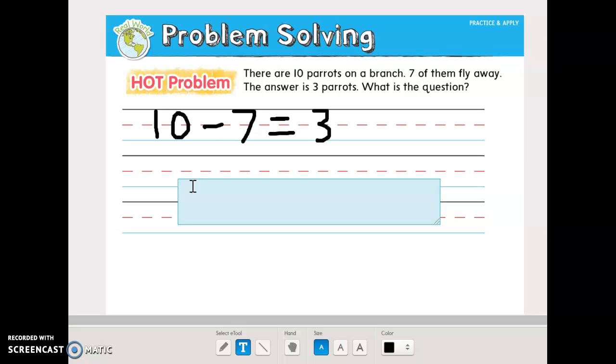So we're going to write how many parrots are left? All right, as soon as you copy down that sentence, you are all finished for the day. Great job, boys and girls.